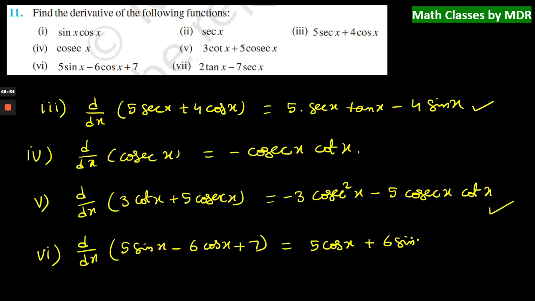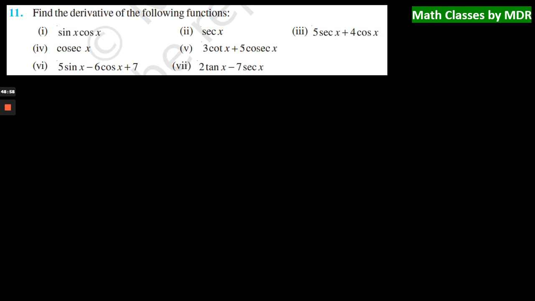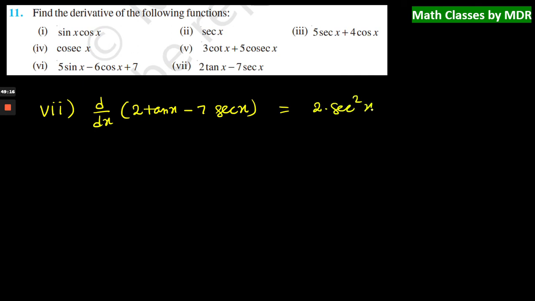Now, the last but not least: 2 tan x minus 7 secant x. The differentiation of tan x is secant square x, so 2 secant square x, minus 7 secant x tan x. So that's it.